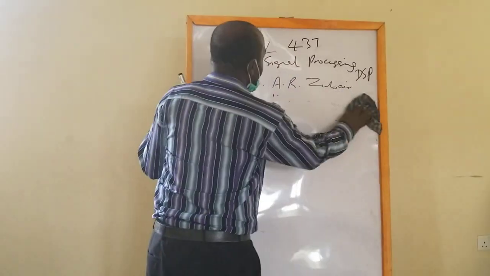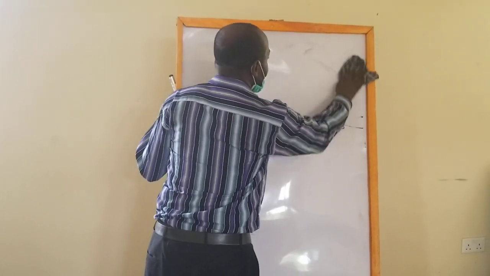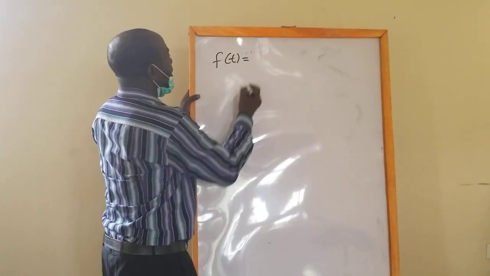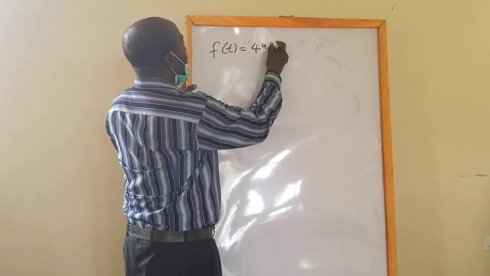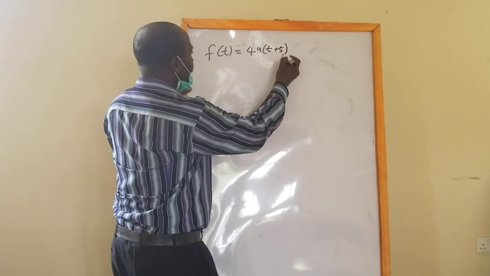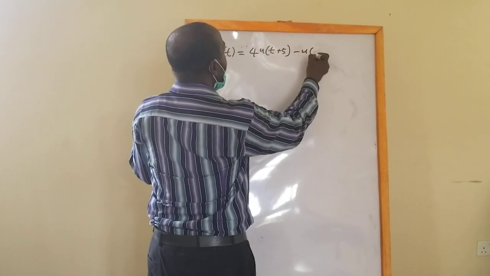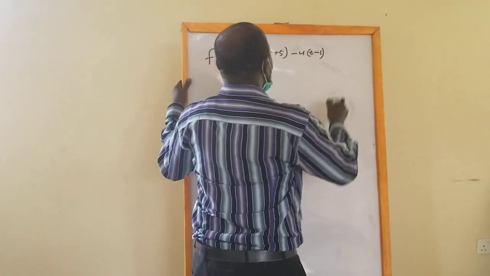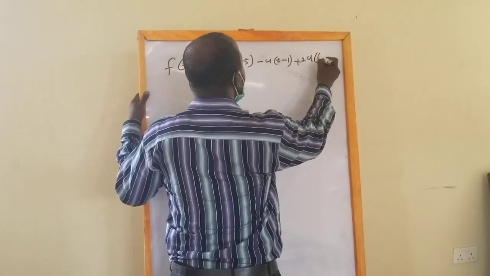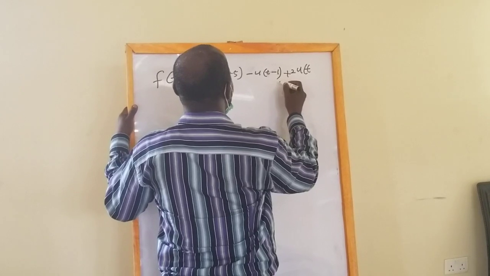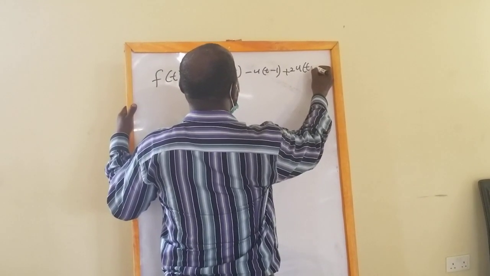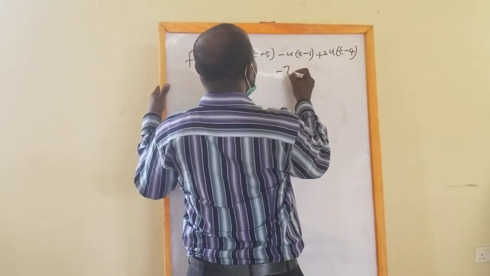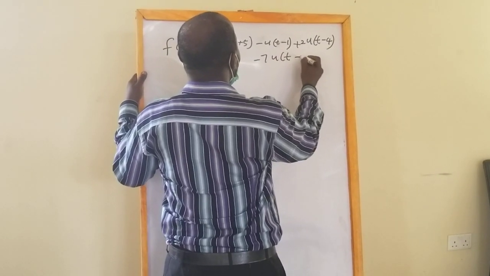Suppose I give you a signal f of t equals 4u of t plus 5, minus u of t minus 1, plus 2u of t minus 4, then minus 7u of t minus 9.